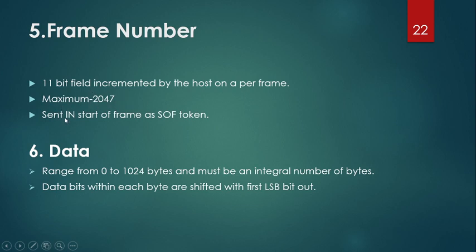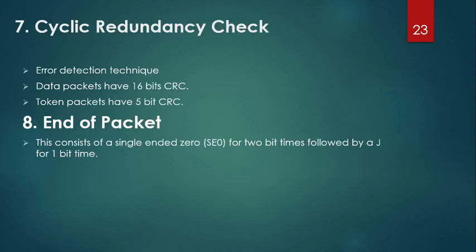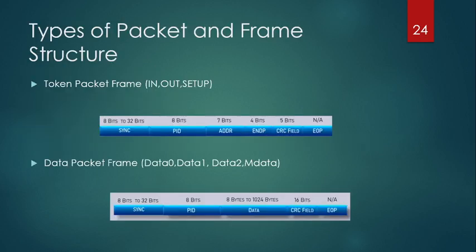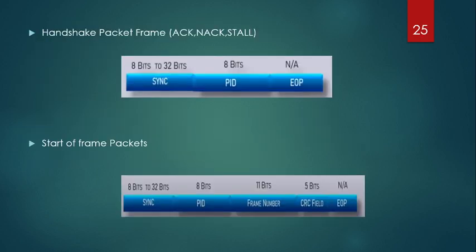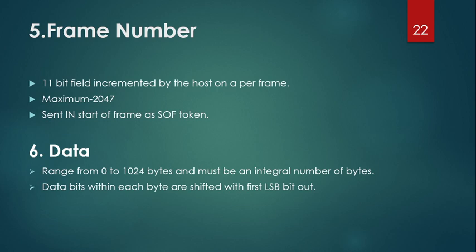It is sent as a SOF token in the start of frame packet only. Among the different types of packets, only in the start of frame packet will this 11-bit frame number come, not in other packets.